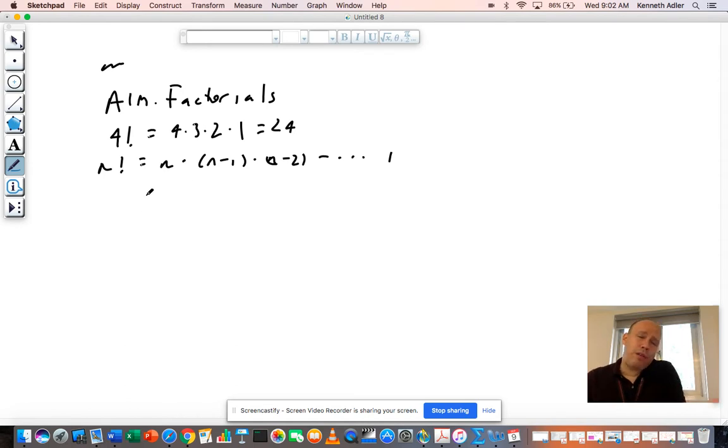And then we can do some manipulations. So for example, if I say 9 factorial divided by 6 factorial, well, first, from your GDC, the answer is 504. The question is, can we do this by hand, analytically?